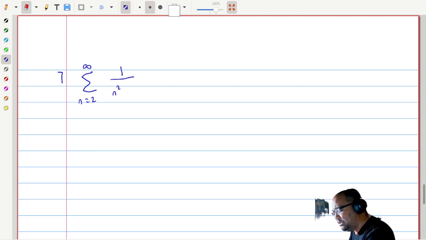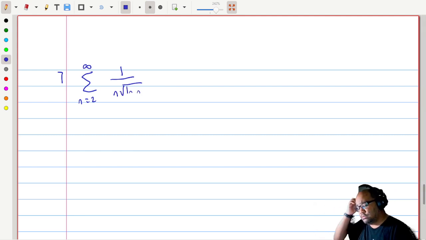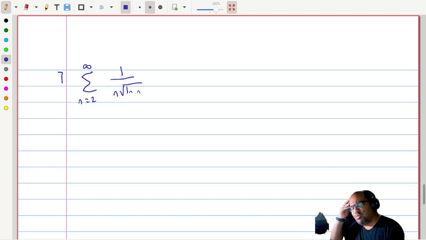I think this probably can be shown through comparison, but I don't quite see how to do the comparison. Well, I know n is bigger than log n, so 1 over n is smaller than... so yeah, that may not work.